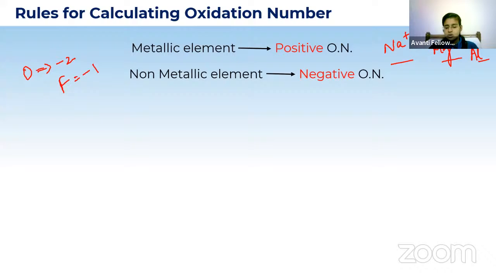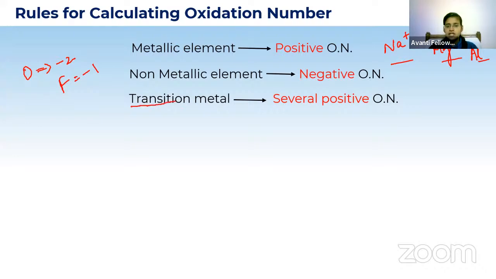Next, transition metals, meaning D block elements. The elements which are present at the center of the periodic table are called D block elements, right? The other name for D block elements is transition metals. They take several positive oxidation numbers. For one element itself, we have multiple oxidation states.